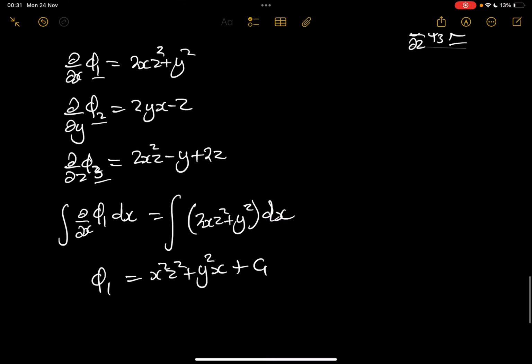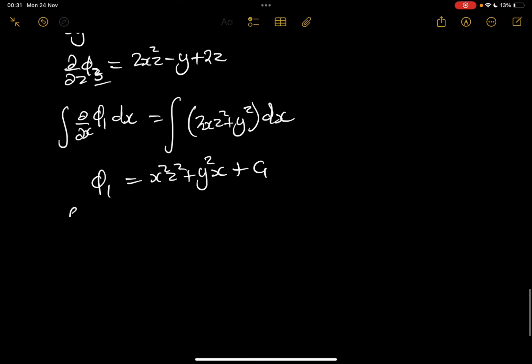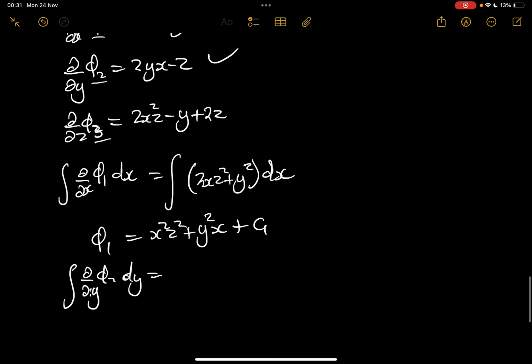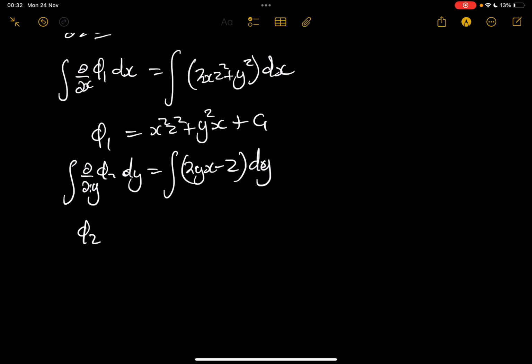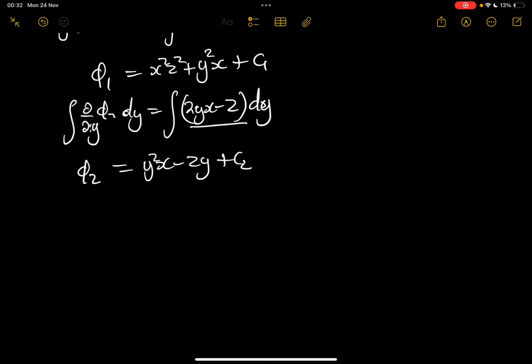Then you do the same thing here. We're going to integrate del y phi 2 dy equals the integral of 2yx minus z dy. So phi 2 is equal to y squared x minus zy plus c2.